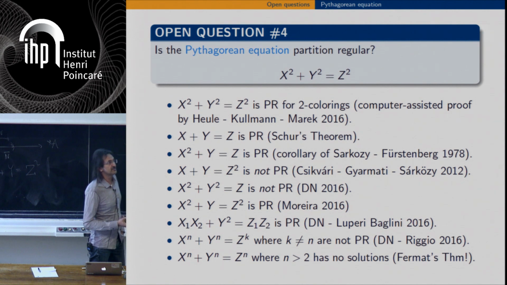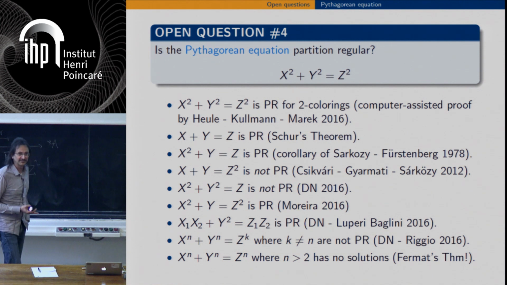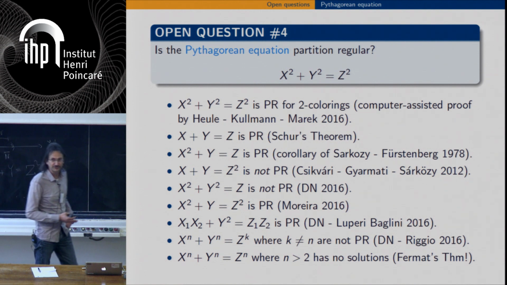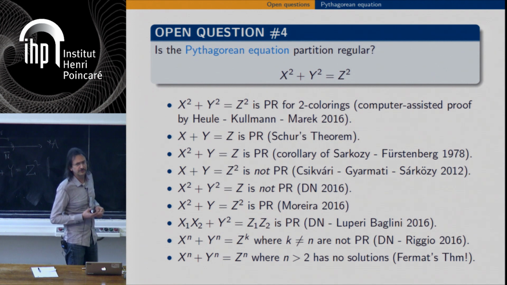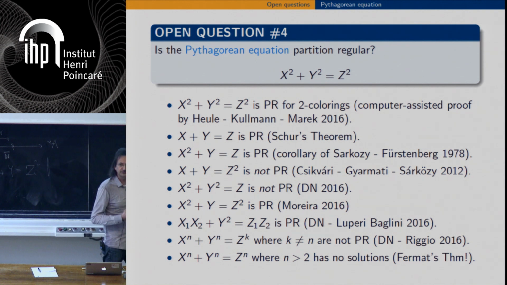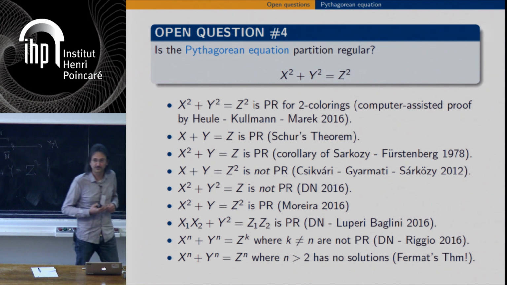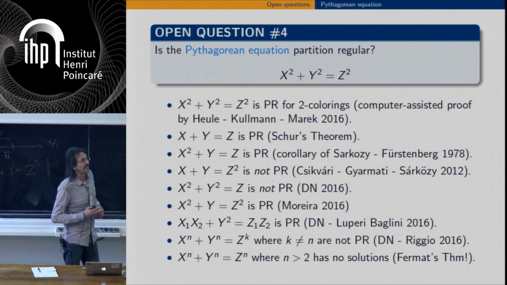And the last question is about the Pythagorean equation, which is a central thing in this area. And as you see, we know almost everything around this equation. Recently there was a paper in Nature about the longest proof ever, a computer-assisted proof of the fact that for two colorings, that equation is partition regular, but not for the general case.